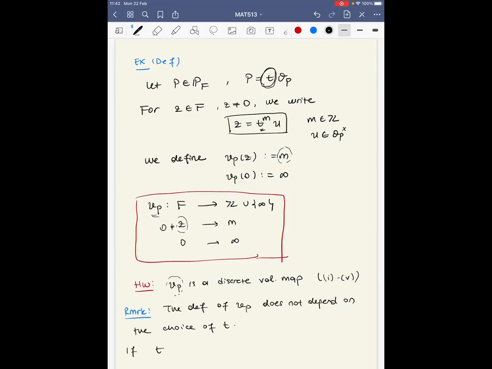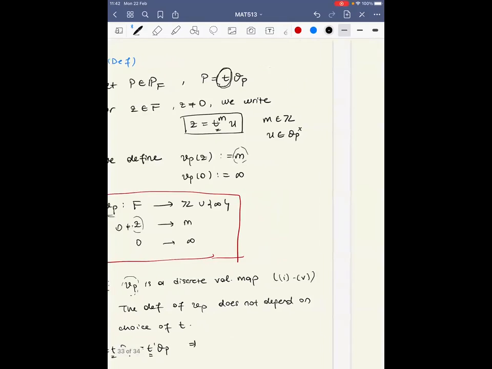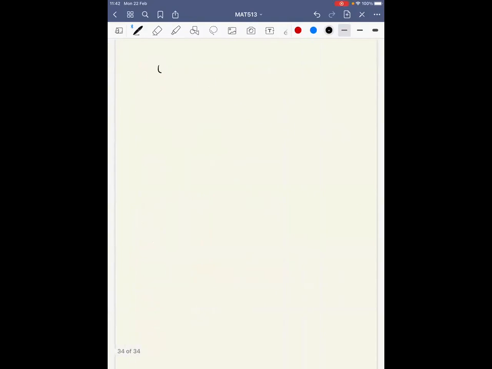In other words, if we consider two prime elements for P, t and t prime, then we can observe that one prime element can be written in terms of the other with unit coefficient, like t equal to alpha times t prime.